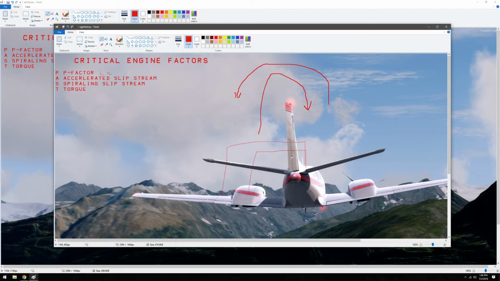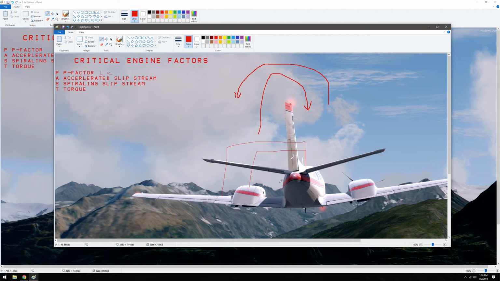But that's pretty much it with P factor. Once again, it's a leverage thing. With your critical engine running, there is less of an arm for it to yaw that airplane. With the accelerated slipstream, it's less of a yaw to roll the airplane. Spiraling slipstream, we have a more effective rudder and tail surface, fuselage, all that.